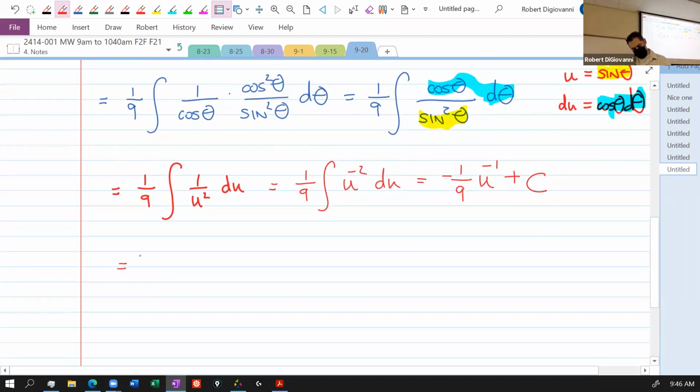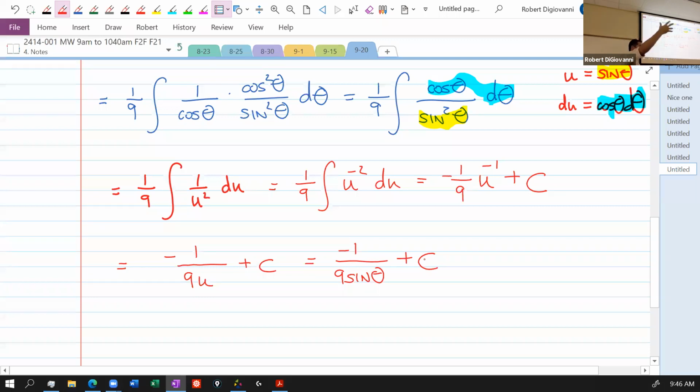Which, if you like, you could rewrite as -1 over 9u plus c. I just decided to bring that u to the -1 down. All right, what's u? Sine theta. So this is really just -1 over 9 sine theta plus c. So we've switched from u back to theta now.